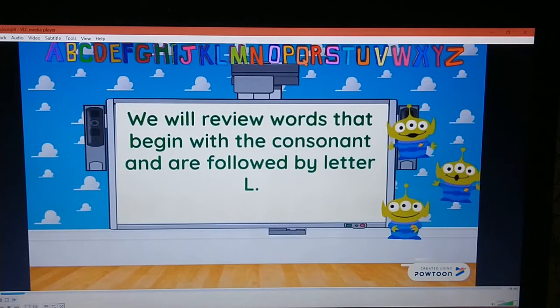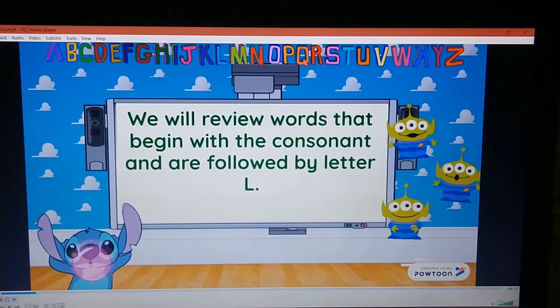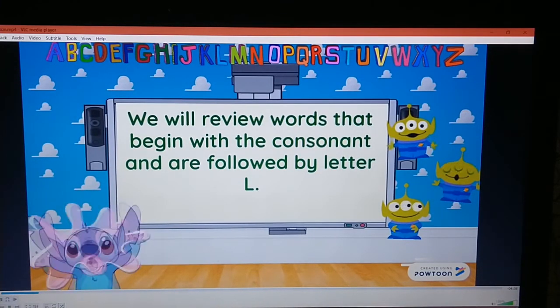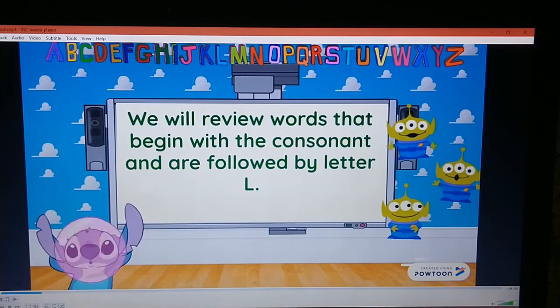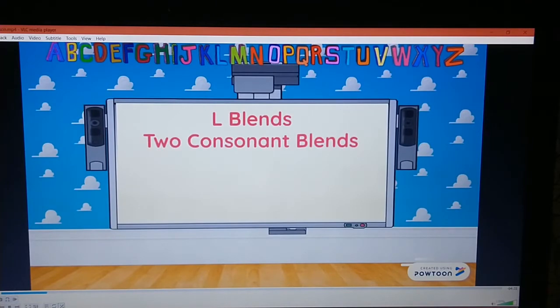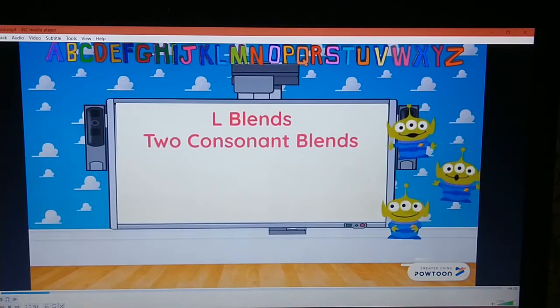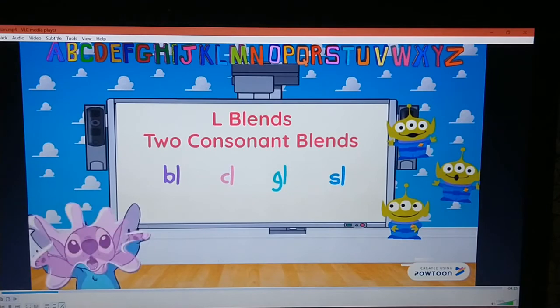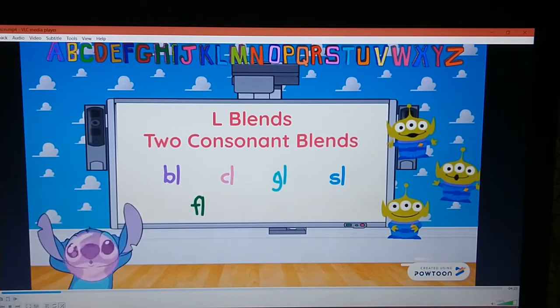So we will review words that begin with the consonant and are followed by L. So they are L blends. bla, cla, gla, sla, fla, pla.